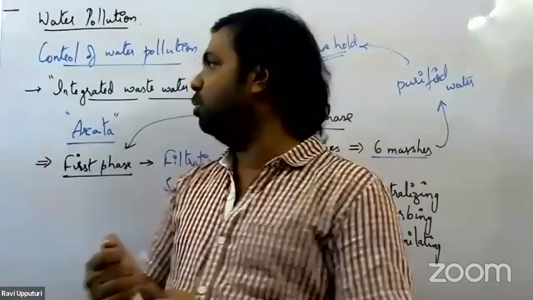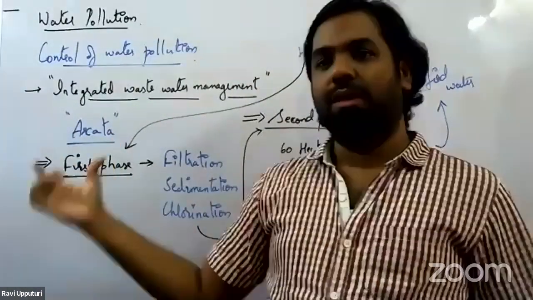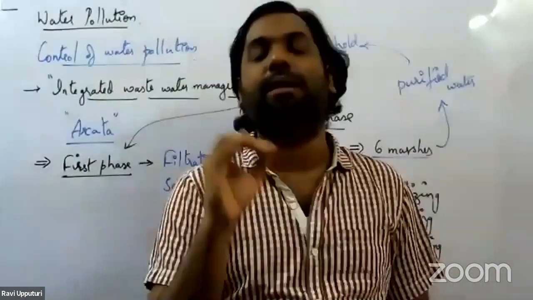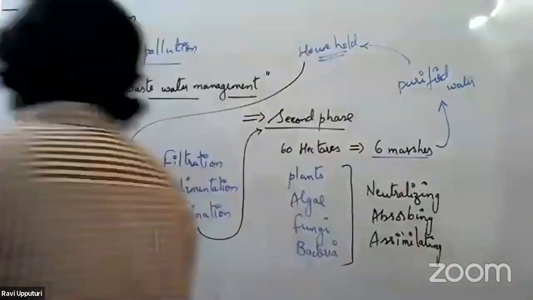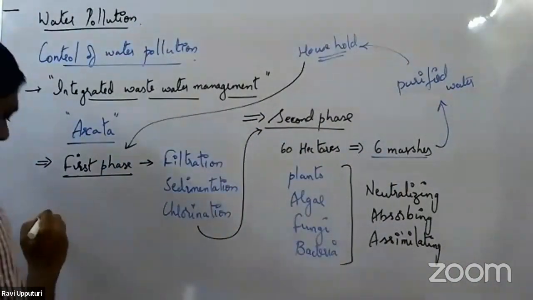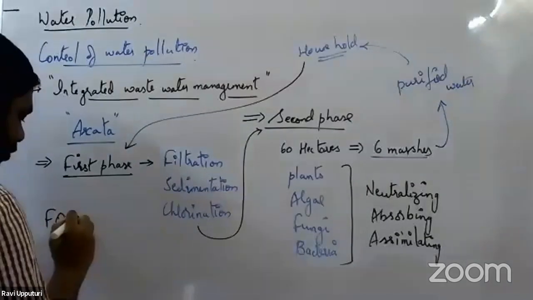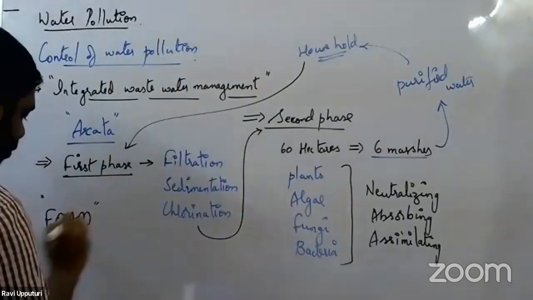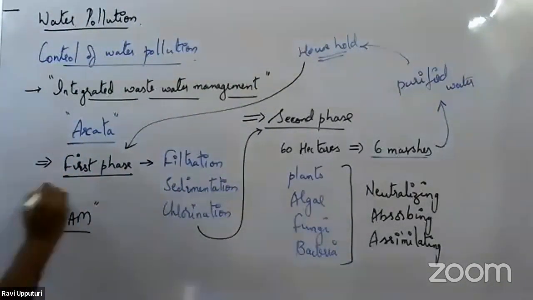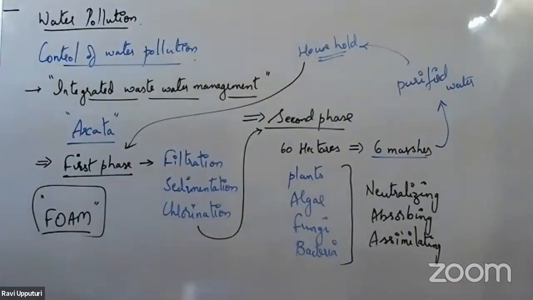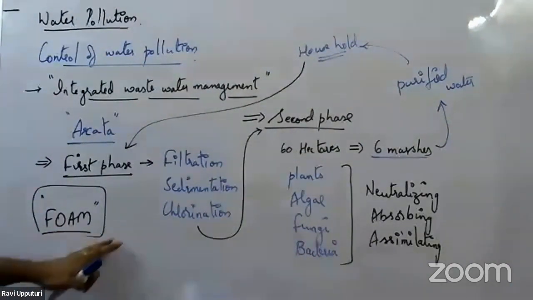So the people here in Arcata formed a non-governmental organization, NGO, which was called FOAM, right? This is actually an NGO which was started by the people of Arcata. FOAM stands for Friends of Arcata Marsh.